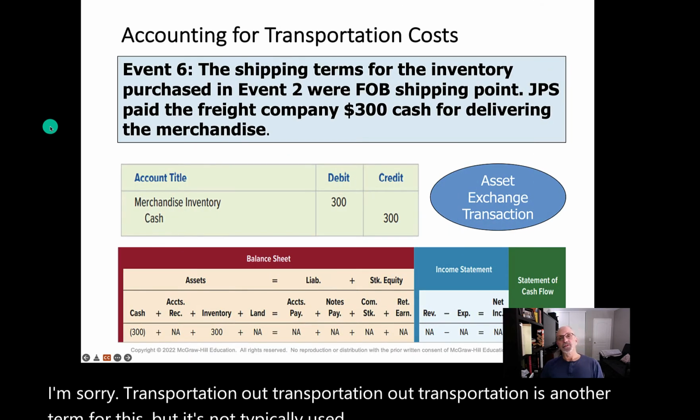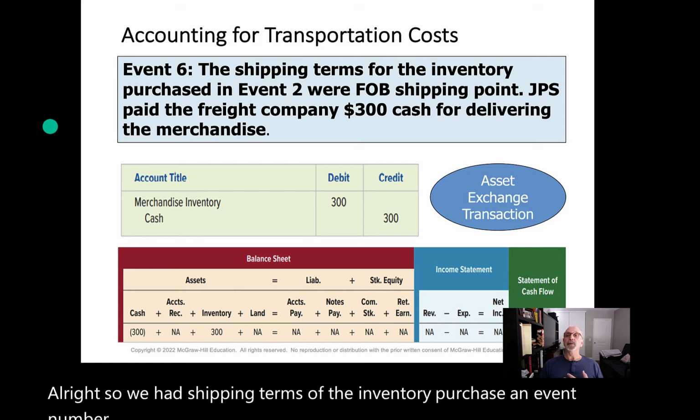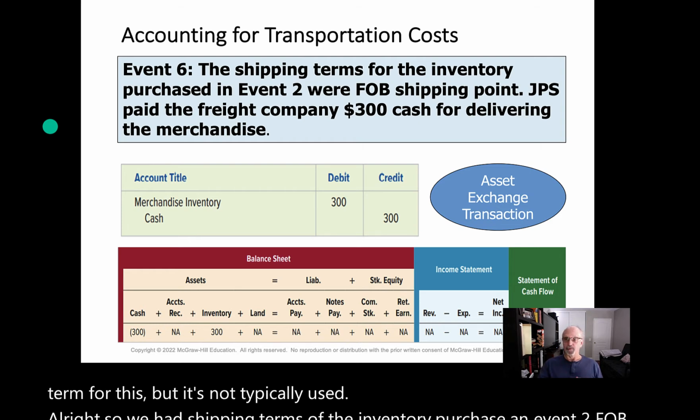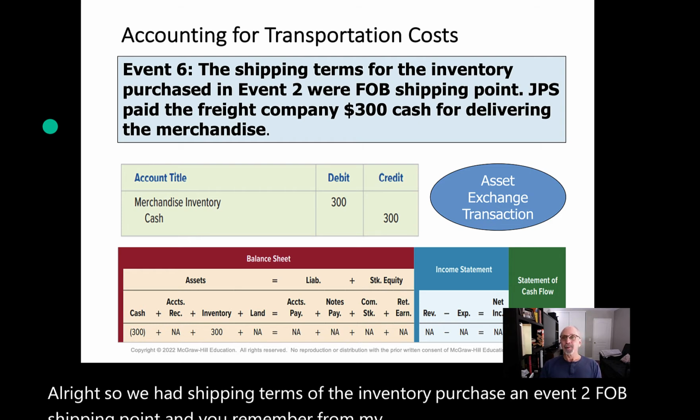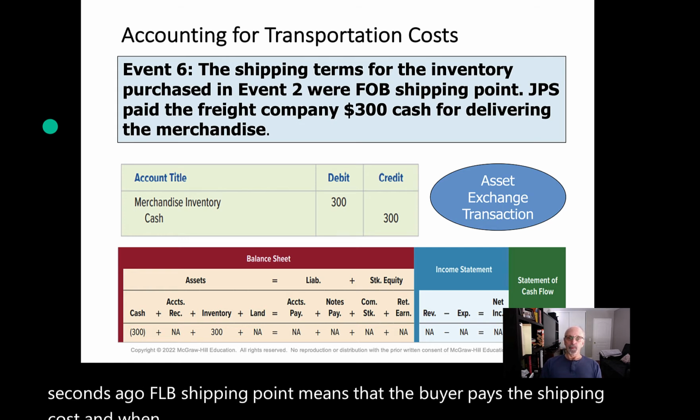All right, so we had shipping terms of the inventory purchased in event number 2, FOB shipping point. And you remember from my discussion just a couple of seconds ago, FOB shipping point means that the buyer pays the shipping cost. And when the buyer pays the shipping cost, it's included in merchandise inventory.